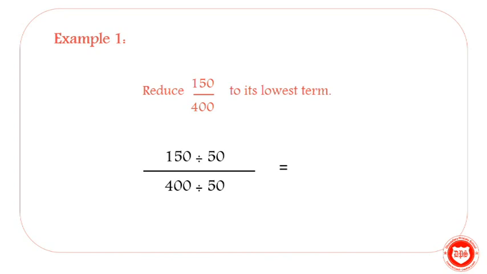Now we are going to reduce this ratio 150 is to 400 to its lowest term. So to reduce it, we have to think about the biggest number. So 150 divided by 50 is equal to 3, and 400 by 50 is equal to 8. So here the lowest term is 3 by 8. We cannot reduce this again.